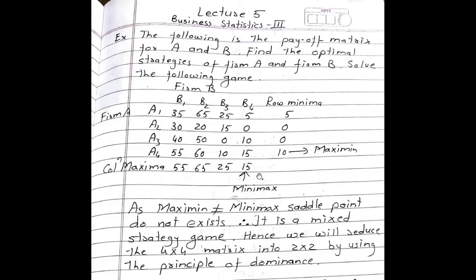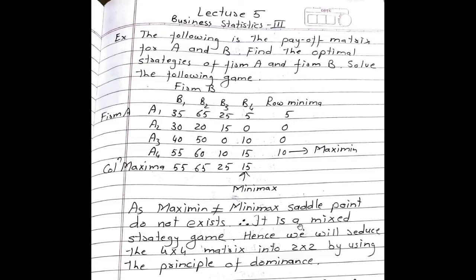Maximum value is 15. So amongst these column maximums, we will pick up the minimum value. We call that value as minimax. So 15 is minimax and 10 is maximin. So as maximin is not equal to minimax, saddle point does not exist.